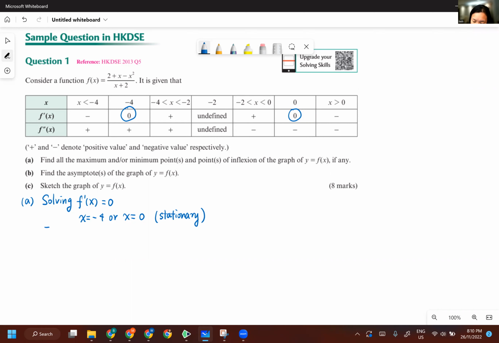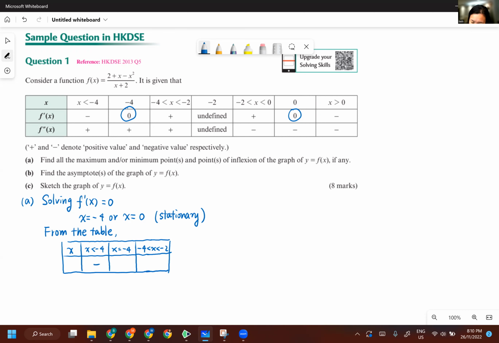Now also from the table, we know that, you can redraw it. x smaller than -4, x equals -4, -4 smaller than x smaller than -2.